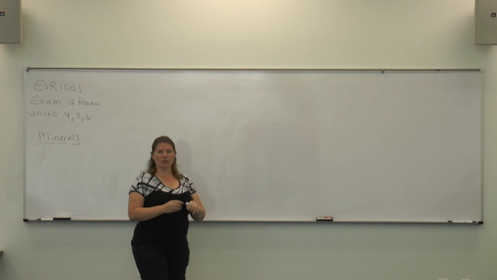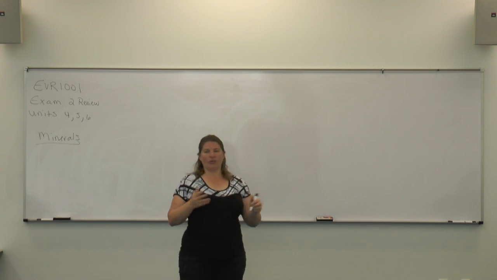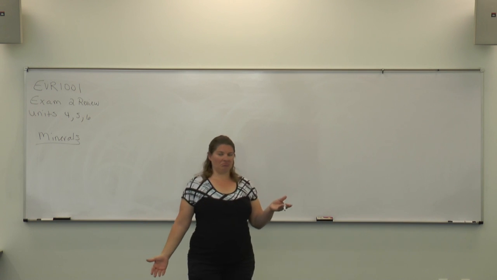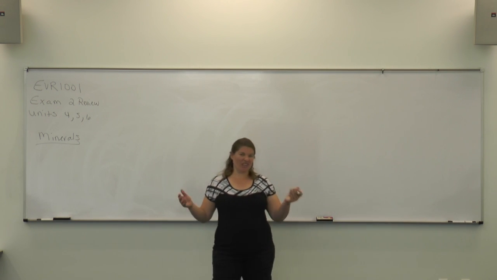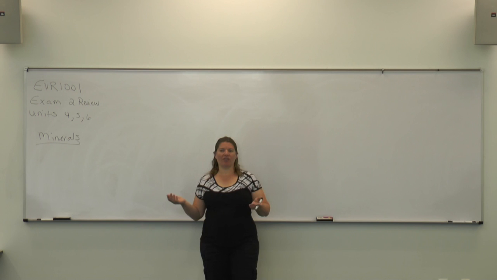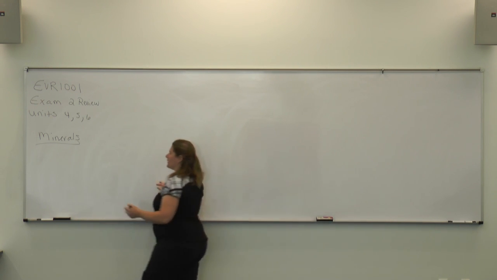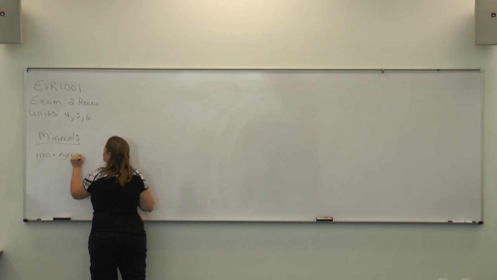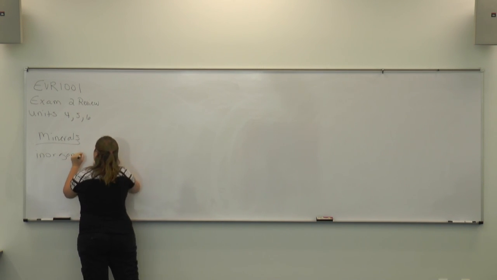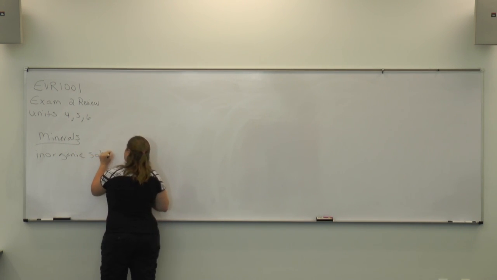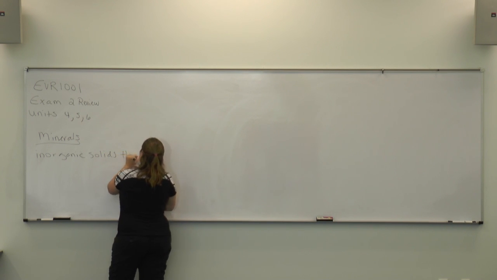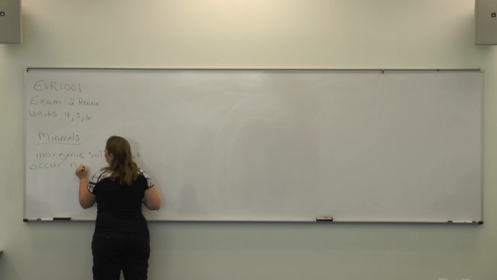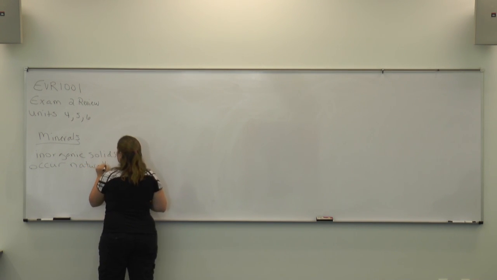So minerals, are they organic or inorganic substances? Organic is like living things. Are minerals living things? No, so they're inorganic. Minerals are inorganic solids that occur naturally in what part of the earth?